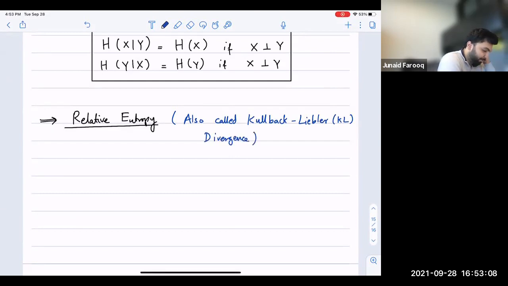So this is a very beautiful idea. It basically measures the distance between probability distributions.